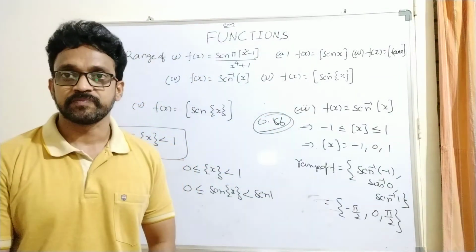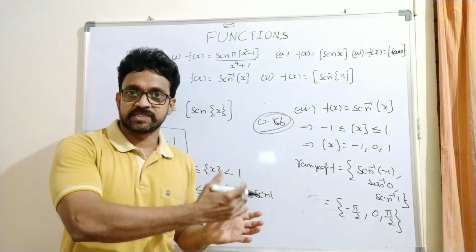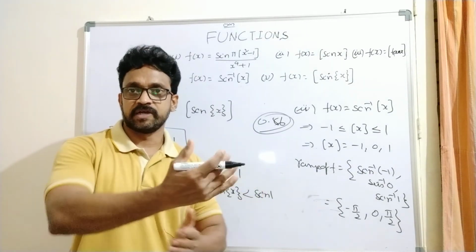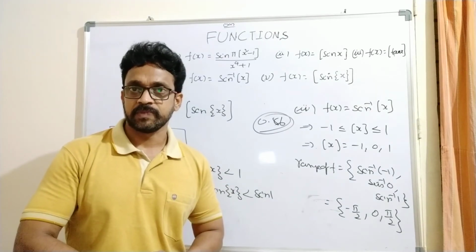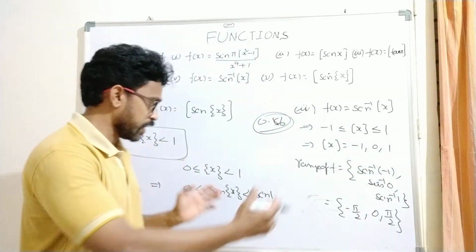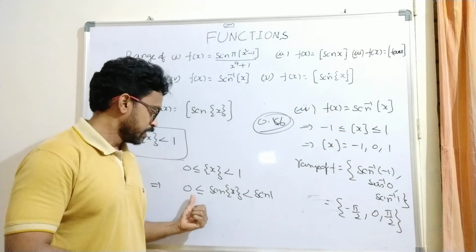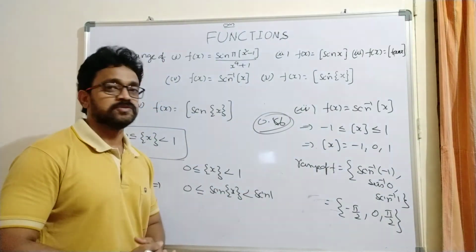Sin 57 degrees 18 minutes is less than sin 60 degrees. Of course, everybody knows sin 60 degrees is root 3 by 2, which is approximately 0.86. That's why you can observe what the possible integers are from 0 to 0.86.